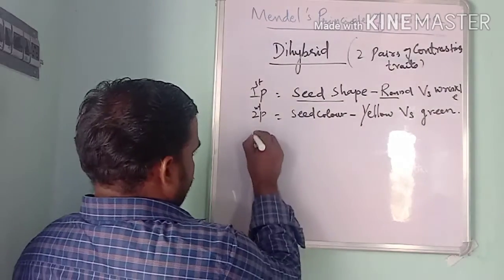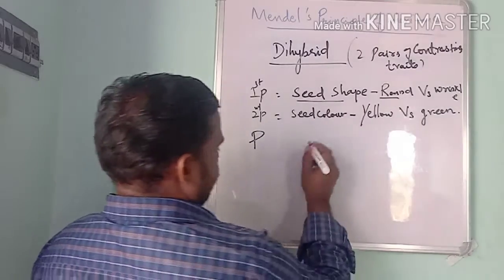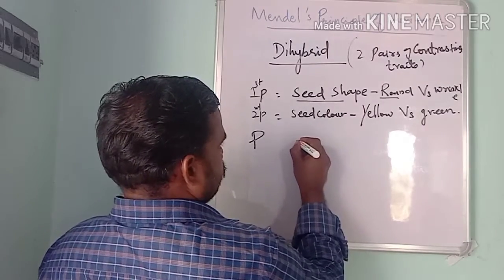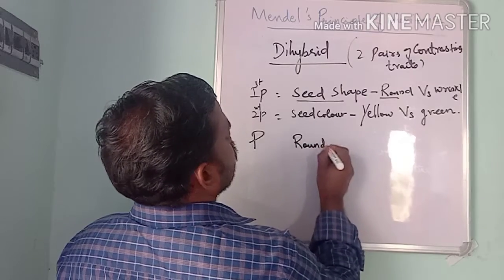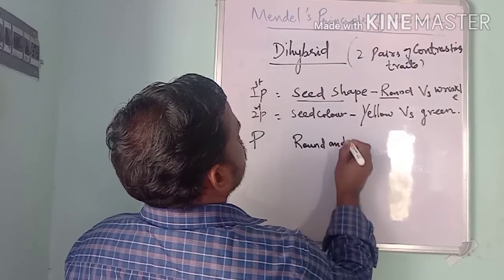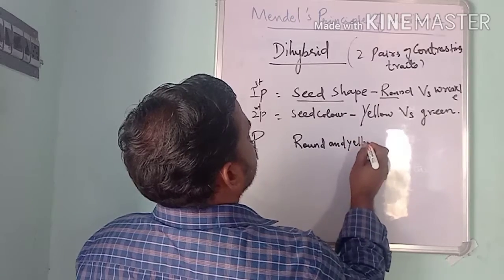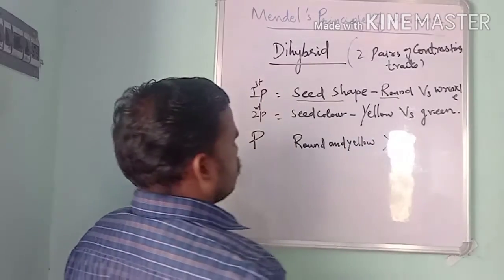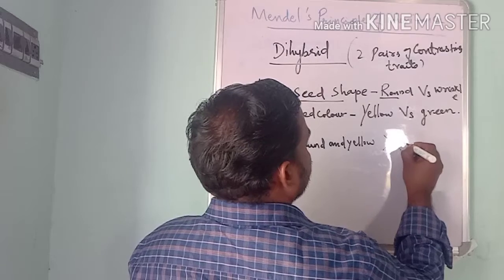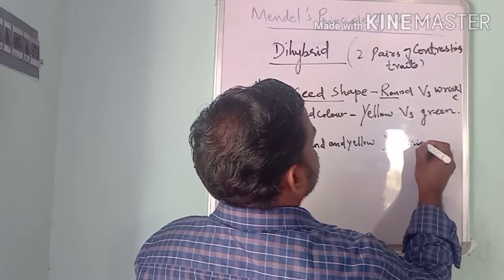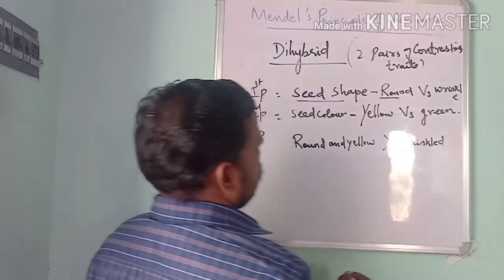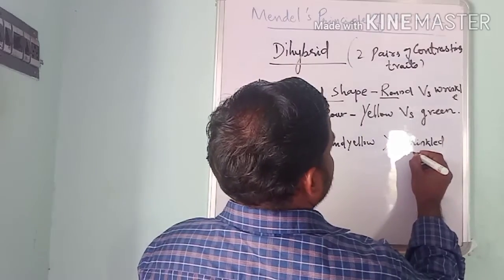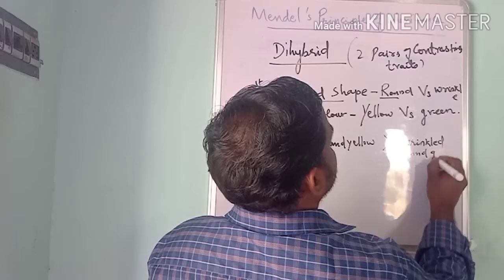So he has taken the parent with round and yellow seed, crossed with the wrinkled and green.